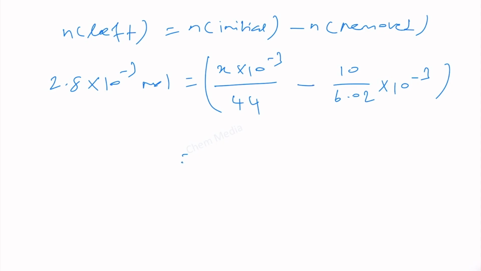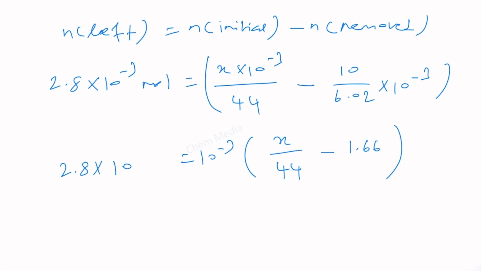Let us take out the 10 to the power minus 3, that is common. So therefore X divided by 44 minus 10 by 6.02, we can write it as 1.66, and we have 10 to the power minus 3 on this side also, we can cancel that. So if we bring the minus 1.66 on the other side, it would become plus. So 2.8 plus 1.66, and that will be 4.46 times 44 equal to X.